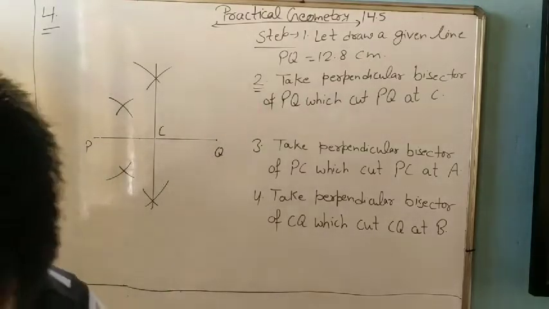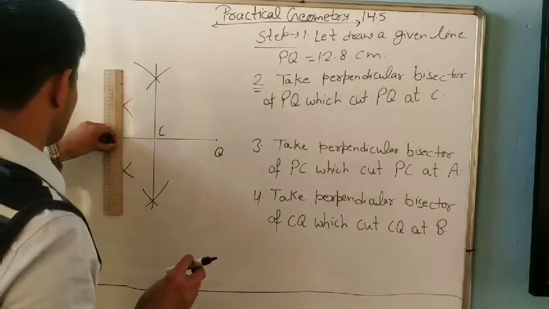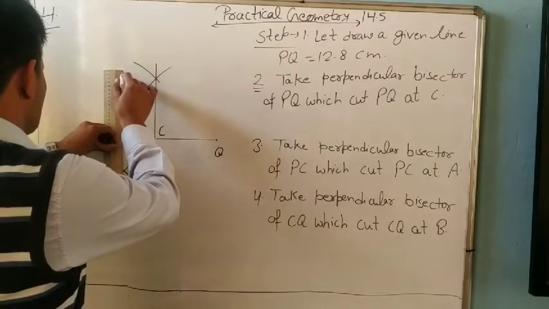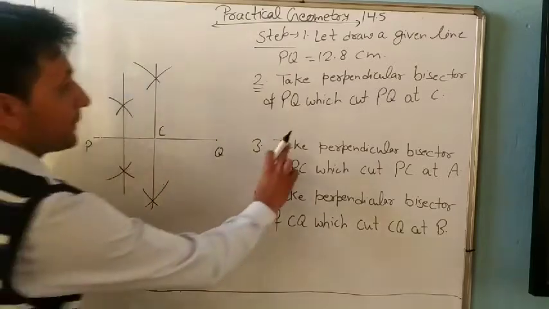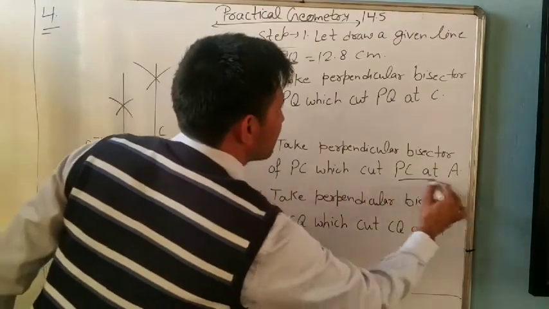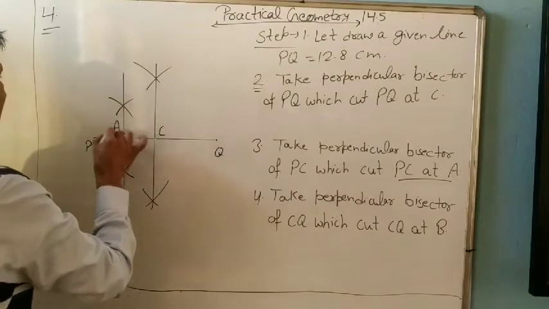Understand it? Now we will join it and take the perpendicular bisector of PC, which cuts PC at a point named A.